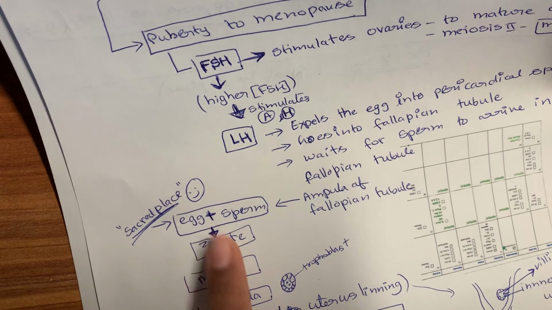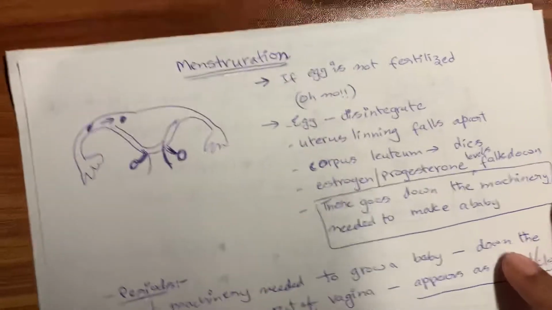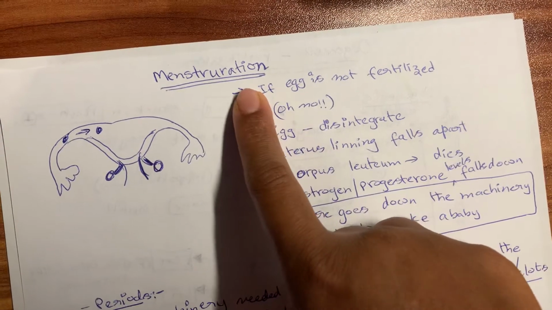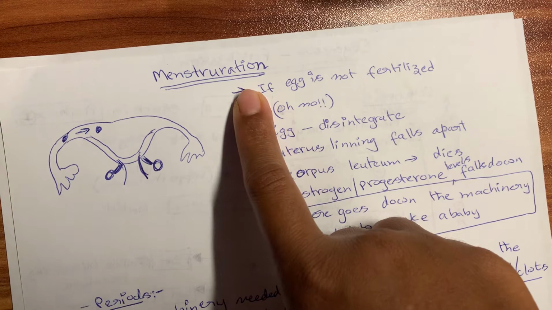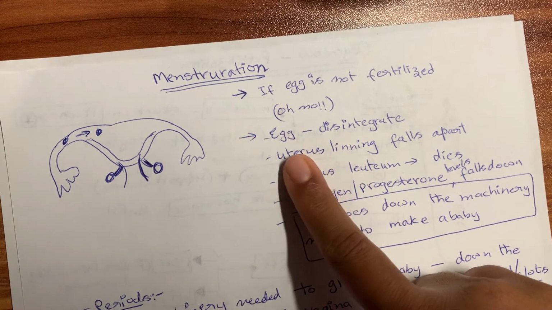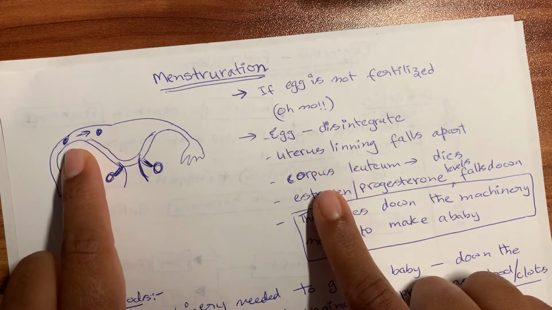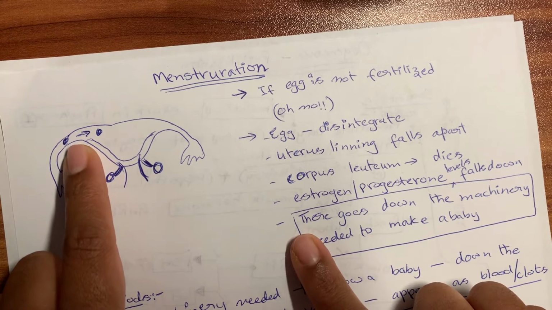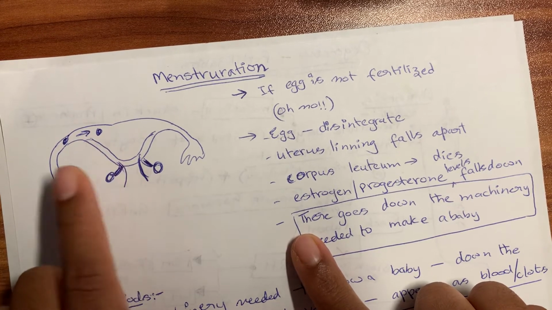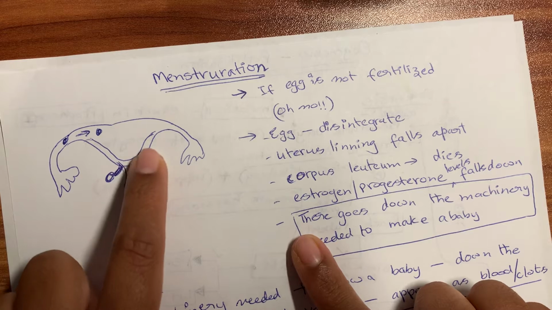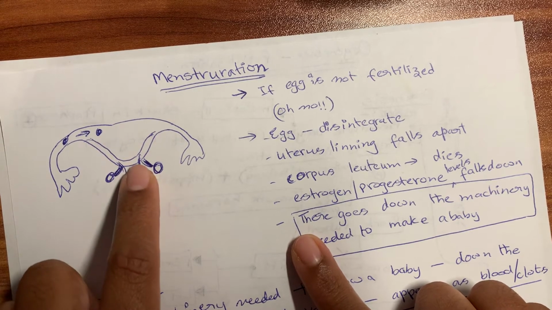What happens if the fertilization does not occur? If it does not occur, the woman undergoes a menstrual cycle. The egg is waiting in the ampulla here, and it disintegrates into the uterus, and this here is the uterus lining.